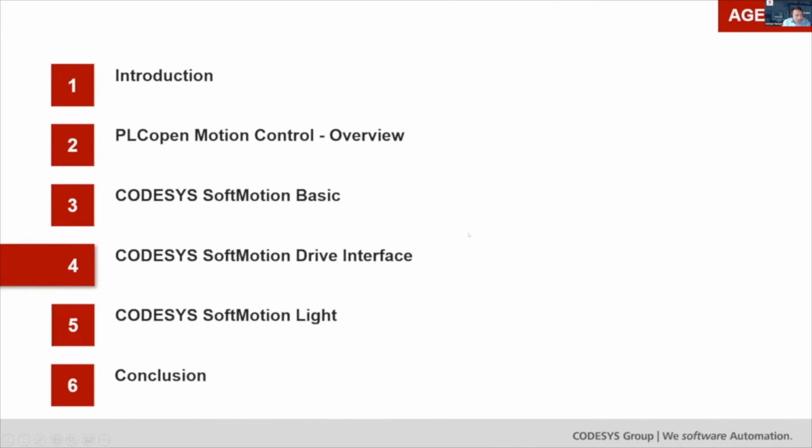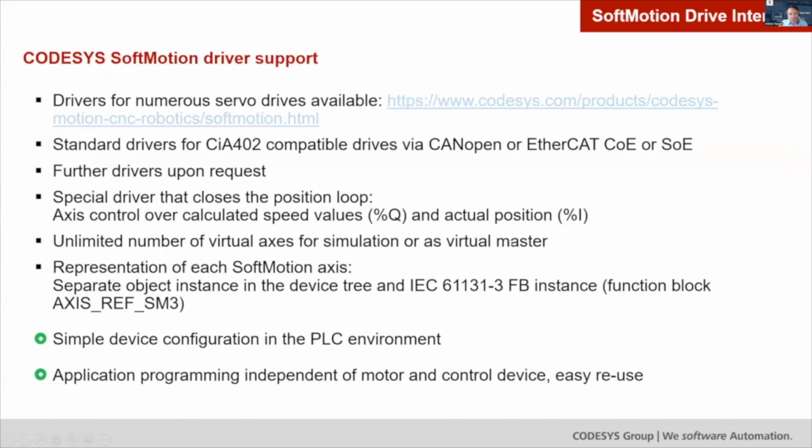And now I would like to say some words about the drive interface, because it's really a very important component of the CODESYS SoftMotion. The drive interface is responsible for the abstraction of the axis ref and the real hardware.